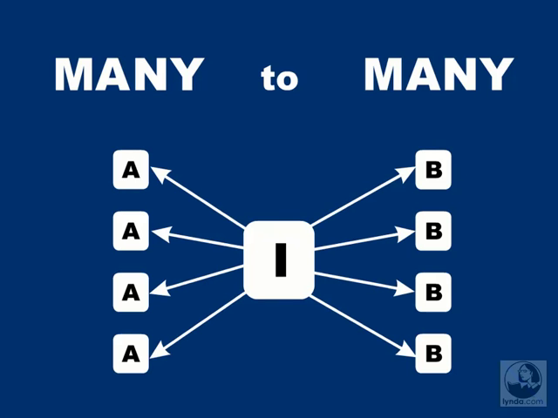So for example, in the case of the class to student, where you can have many students in each class and each class has many students, the intersecting object might be an enrollment object. The enrollment object then becomes the one-to-many divider. You'll have many students enrolled in one class, and you'll also have many classes enrolled for each student. Those two one-to-many relationships get managed with that intersecting object.